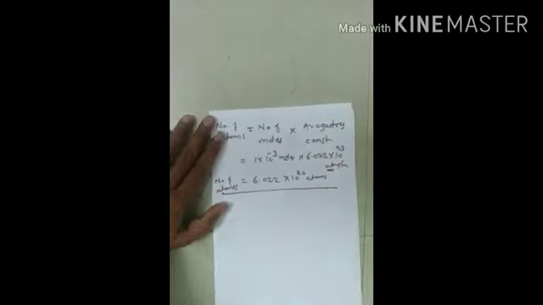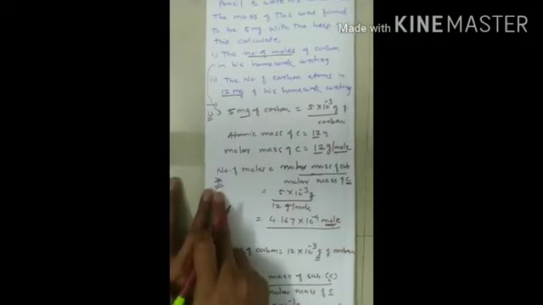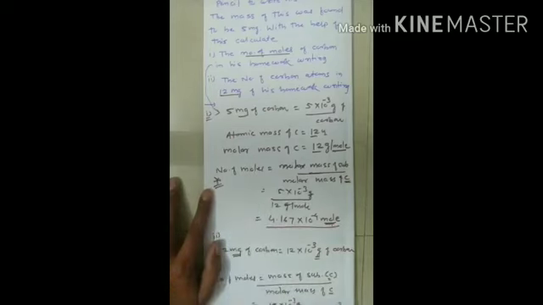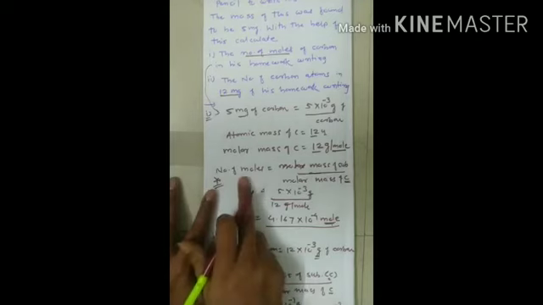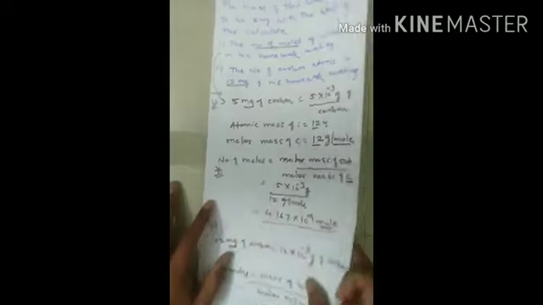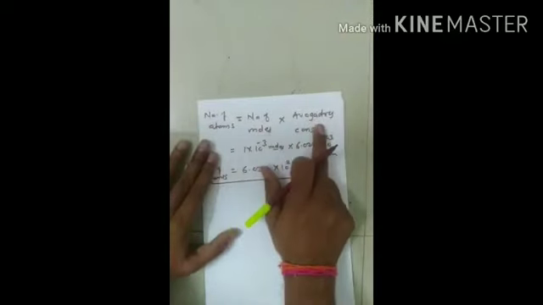We have used this formula in the last 2 to 3 examples, and I am repeating again and again that this formula is most important. Whether they ask you to calculate the number of atoms or the number of molecules, you first calculate the number of moles, then use number of atoms equals number of moles into Avogadro's constant.